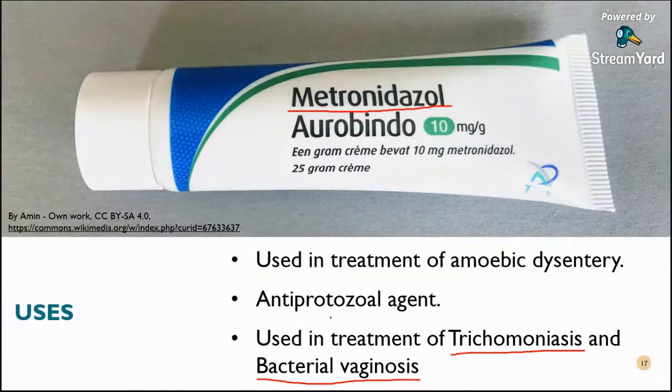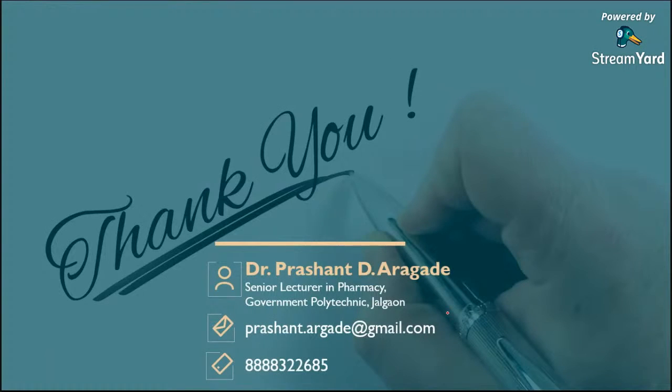Metronidazole is useful in the treatment of both. Basically, it is useful in the treatment of amoebic dysentery or amoebiasis. Sometimes it is also called an anti-protozoal agent, so for the treatment of protozoal infection also, metronidazole is used.